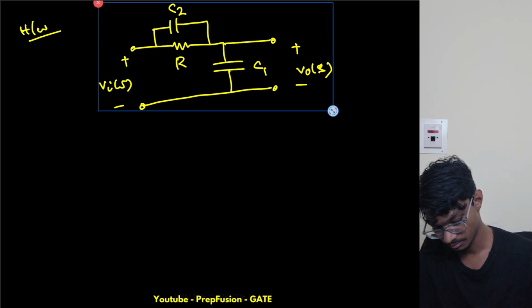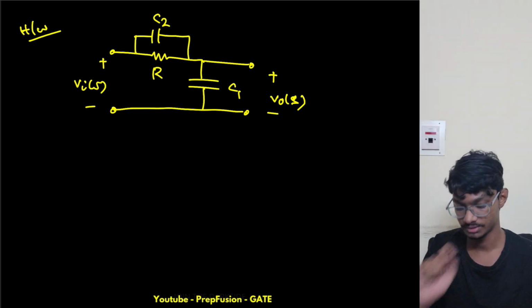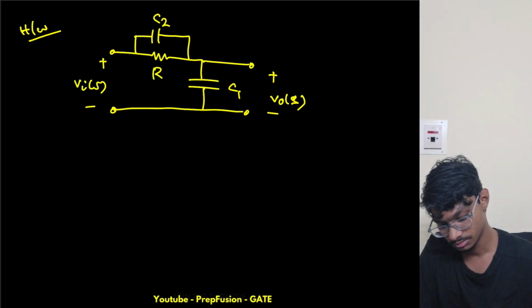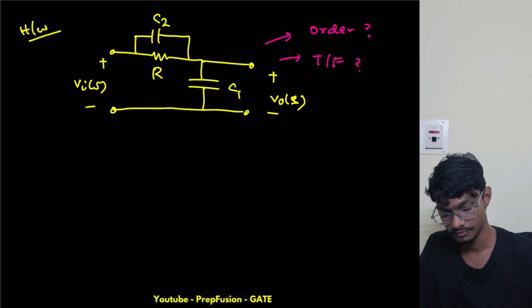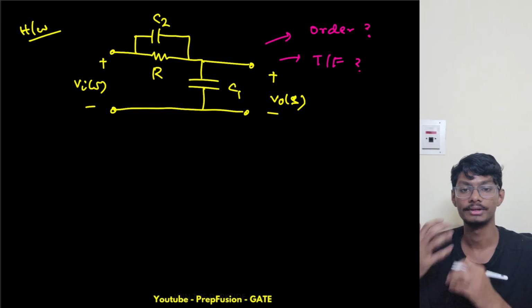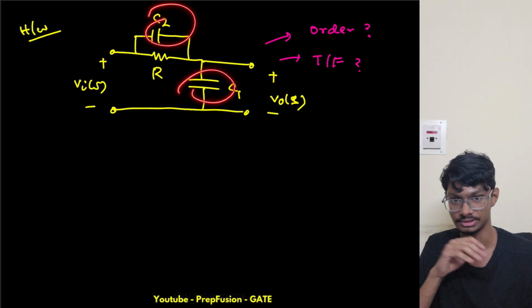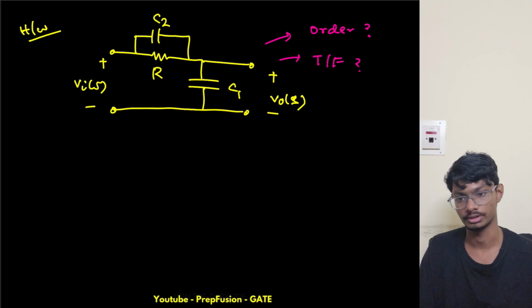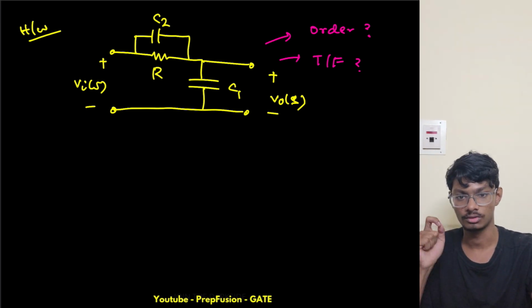Tell me the order of the circuit, and find the transfer function. Also, how many independent energy storing elements are present here? We can see two elements that can store energy, but are they independent or not? You will find these things. This is one homework question.